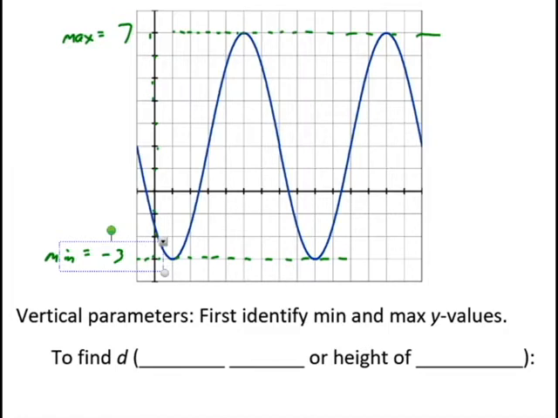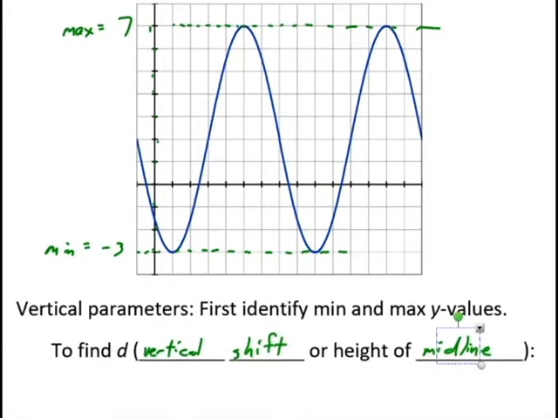Since the vertical shift parameter is the same as the location of the midline, we start by finding the midline. The midline is exactly halfway between the minimum and the maximum.